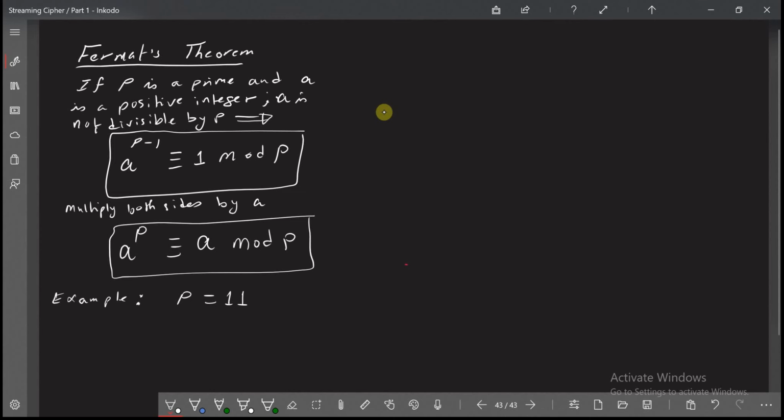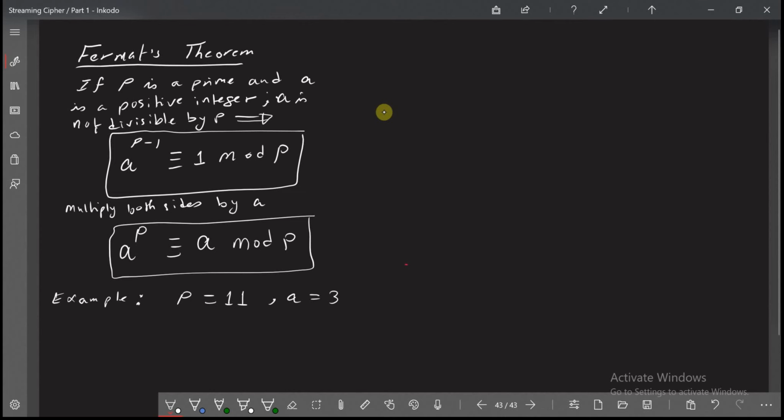Now we need to look for a such that it doesn't divide p, and in this case we can choose 3. a is equal to 3. So as you can see, 3 doesn't divide p.